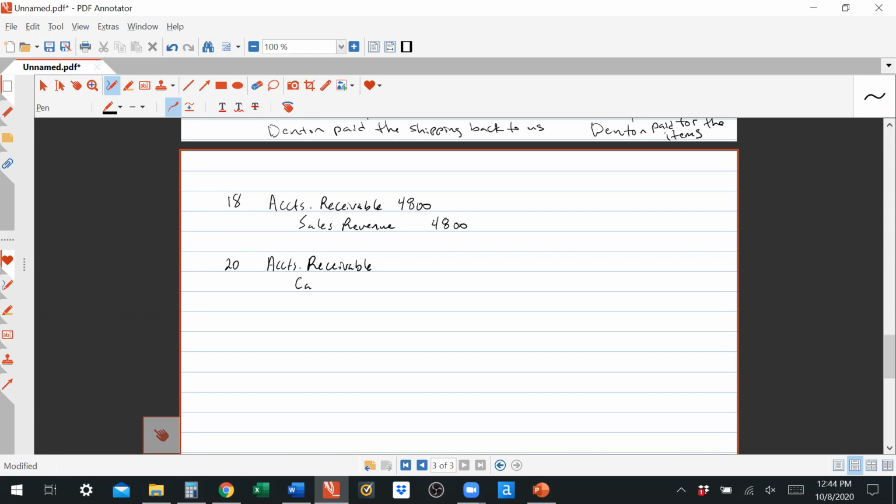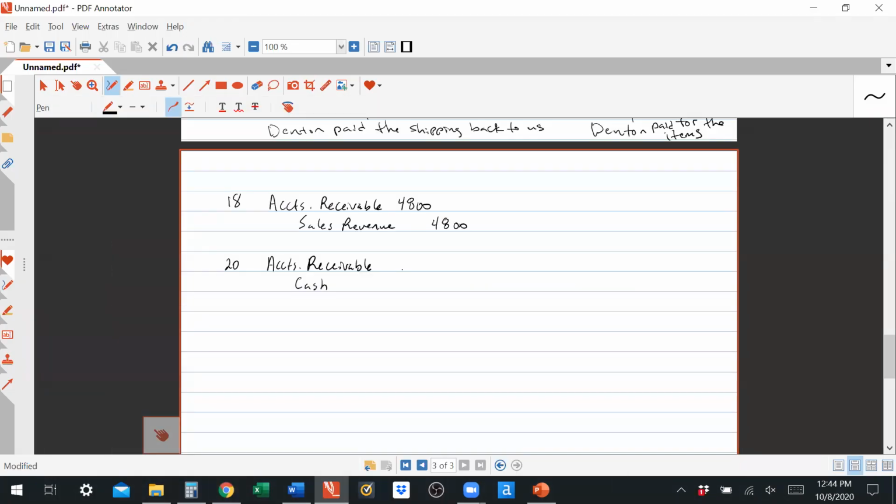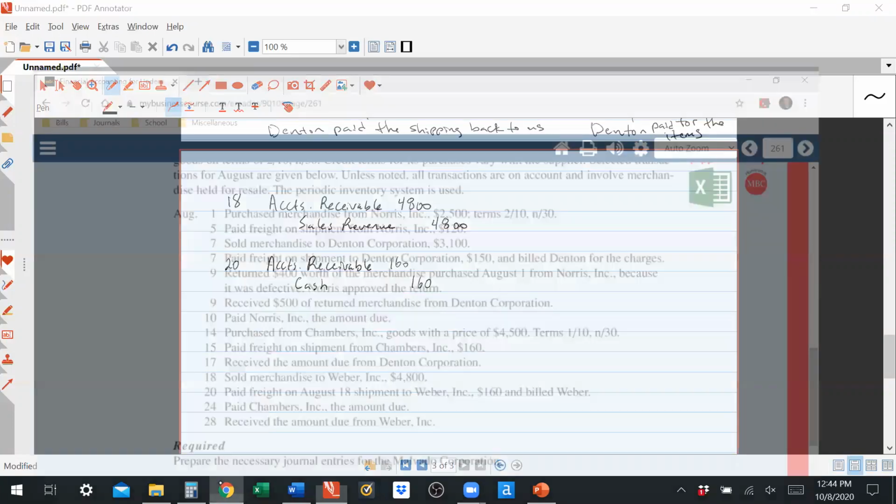But since we're billing Weber, we debit accounts receivable for $160, credit cash for $160. This journal entry is a little non-intuitive because when do you have to pay cash to someone and at the same time debit accounts receivable? We're paying UPS, the shipping company, but since somebody else is going to pay us back for that, that's probably a debit to accounts receivable. Hopefully that makes sense. It's a little bit non-intuitive.